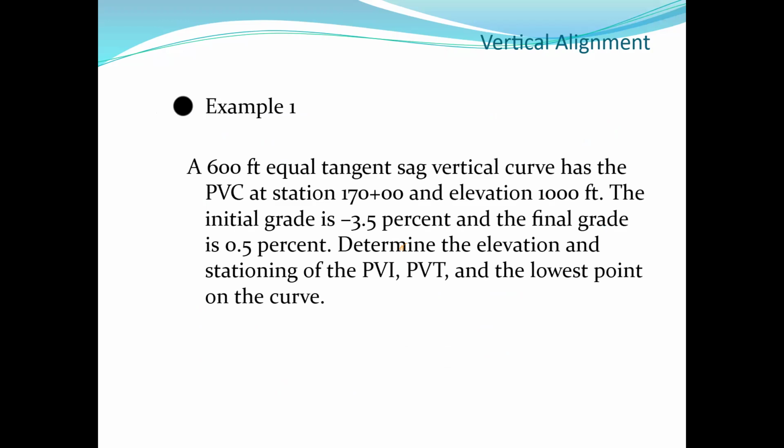For example, if they're asking me for the elevation of PVI and the elevation of PVT, my equation becomes Y equal to A, which I know is 1000, minus 3.5 over 100 times x, plus cx squared, which is 1 over 30,000 times x squared.